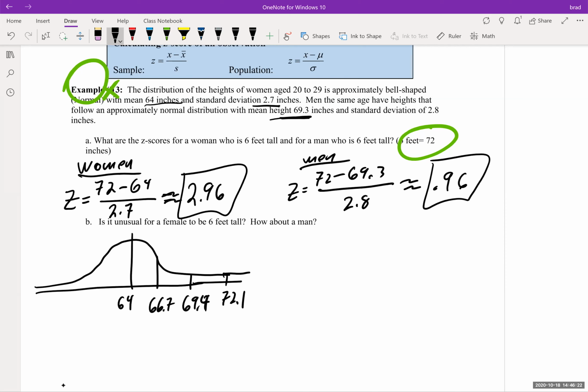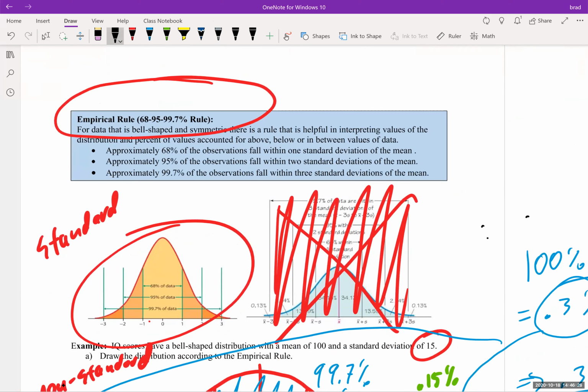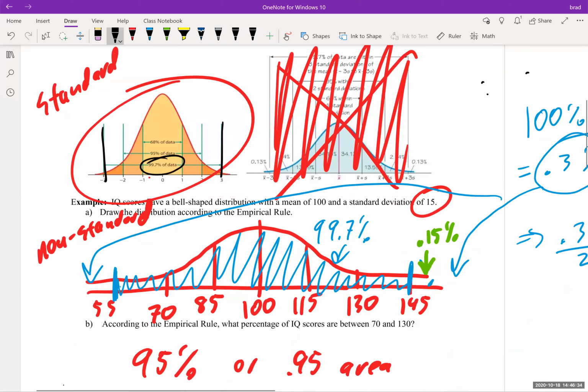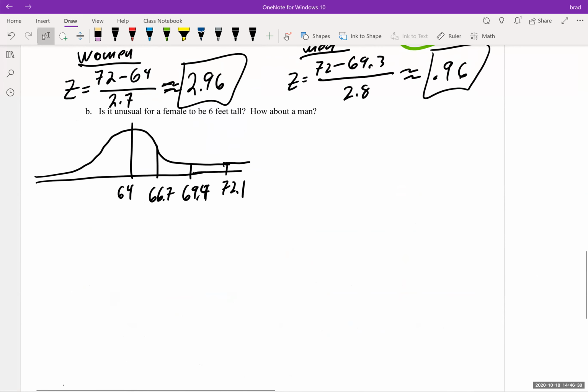Remember, in a normal distribution, look from here to here, how much of the data is there? 99.7%. Once you get past 2 standard deviations, it starts getting unusual for that to occur.